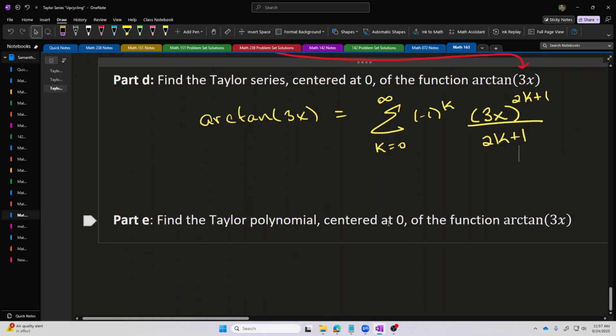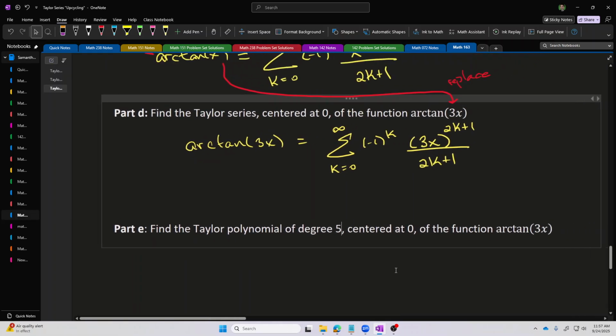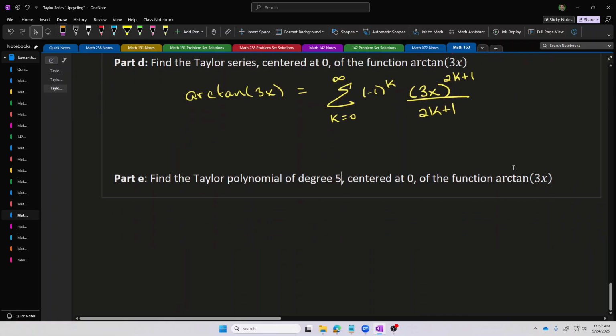And then further, if somebody asked me for a Taylor polynomial of that arctan function of degree, for example, 5, all I would have to do is take that Taylor series for that same function and truncate it and write out terms until I hit an exponent of 5 and then stop.